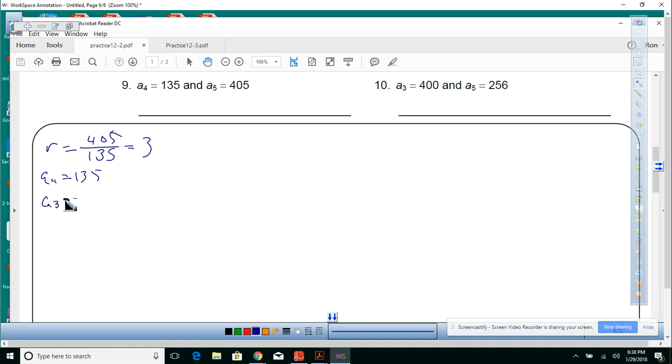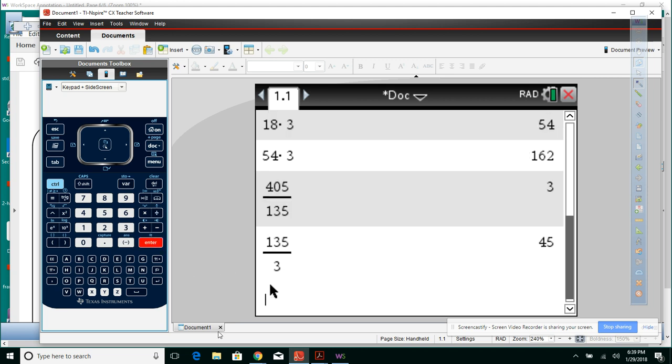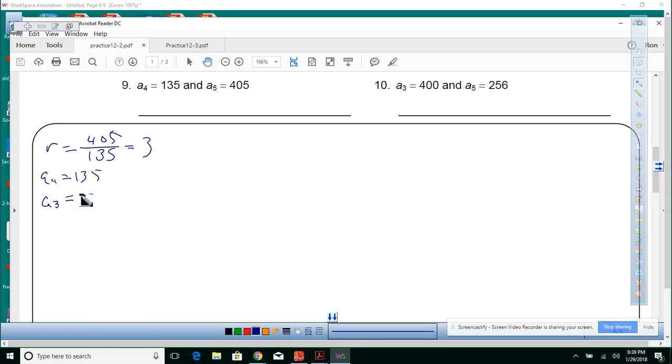So a sub 3, 135 divided by 3 would give us 45. And then a sub 2, 45 divided by 3 is 15. A sub 1 would be 15 divided by 3 would be 5.